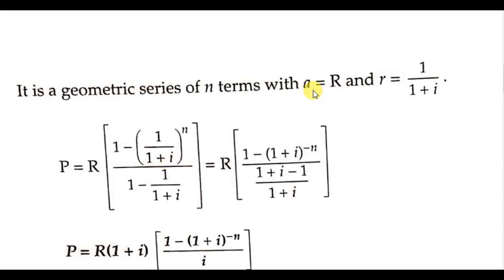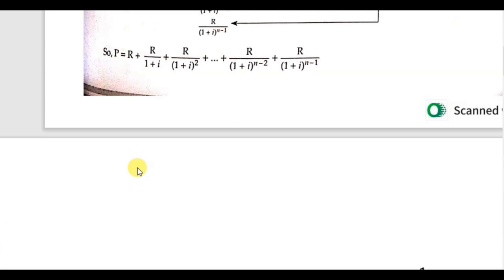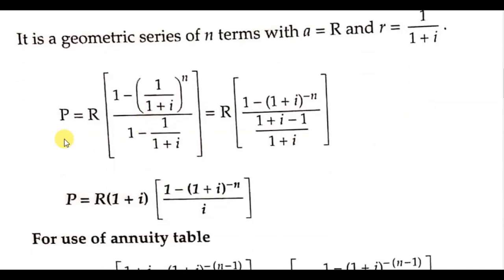If you are not taking R as a common factor, then R will be the first term, as you know from geometric progressions. So A equals R and small r will be 1 by 1 plus I. Using the sum of geometric terms, P equals A of 1 minus r power n by 1 minus r, which we learned in sequence and series.